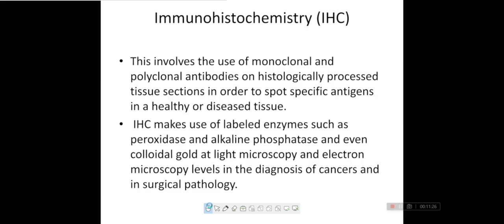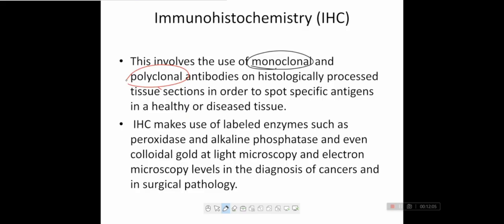Now next is immunohistochemistry, which is already covered in immunochemistry. This involves the use of monoclonal and polyclonal antibodies. First of all, what are monoclonal and polyclonal antibodies? Monoclonal antibody means when more than one type of antigen is present and we want to isolate one type of antibody from that.